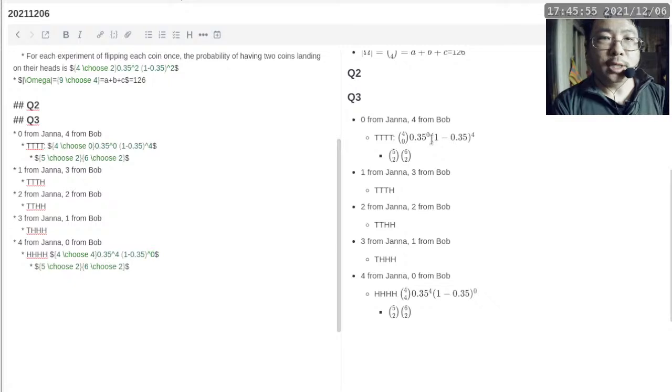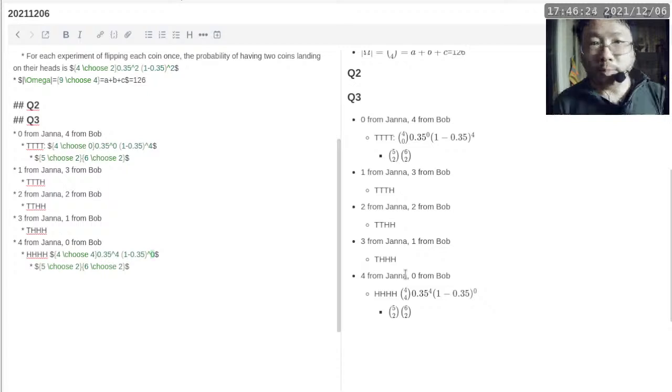The first one has 0 heads and 4 tails, and this one has 4 heads and 0 tails. But nonetheless, we just multiply this probability, which is from the binomial distribution, with the combination, the number of ways that we choose 2 from the red and 2 from the blue, and that becomes the probability of this subcase over here. These are the 2 clean cases, okay?